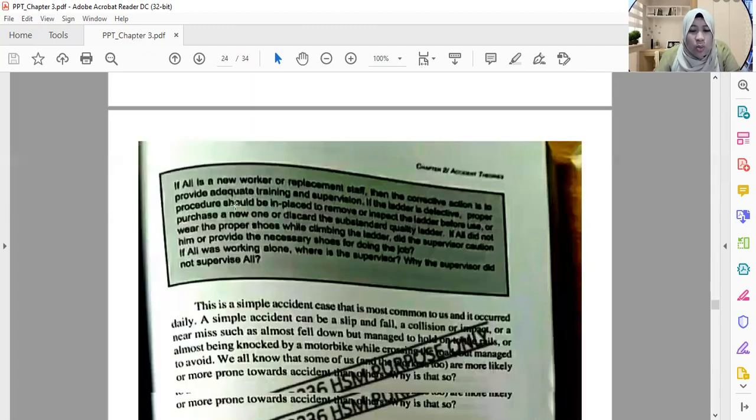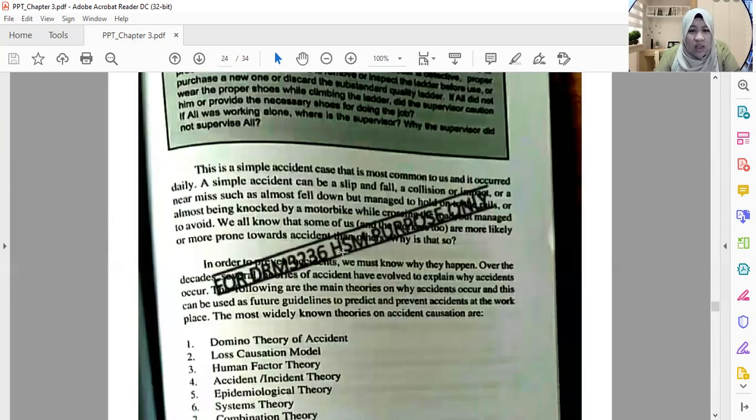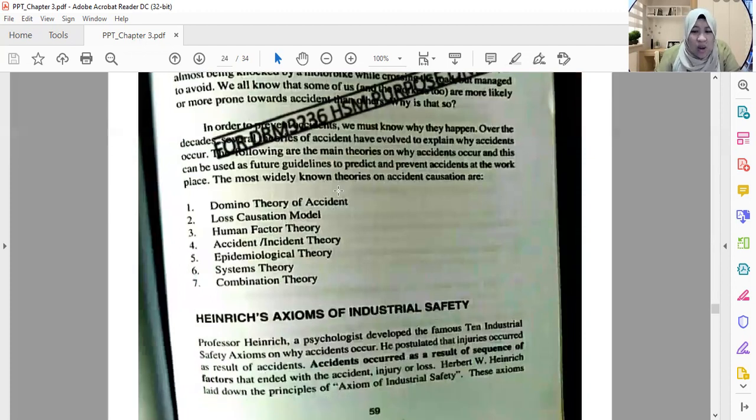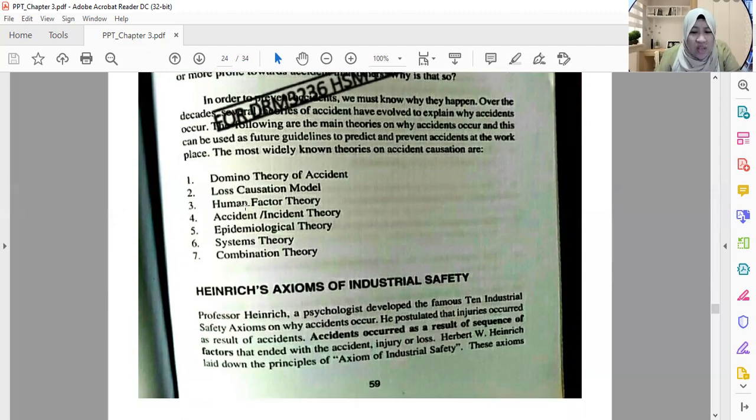So there will be a certain case study here, maybe. But I want to go for the theories that are known in accident causation. They have seven here.